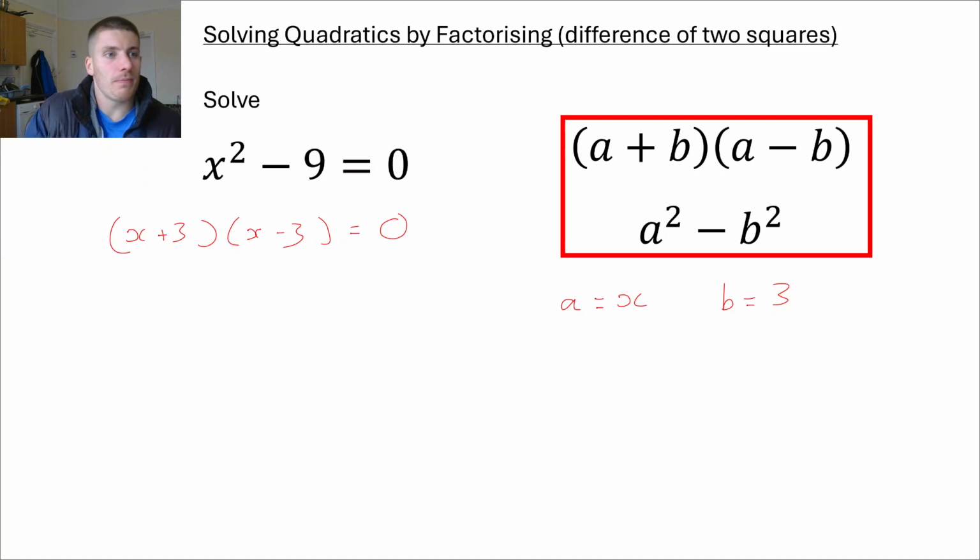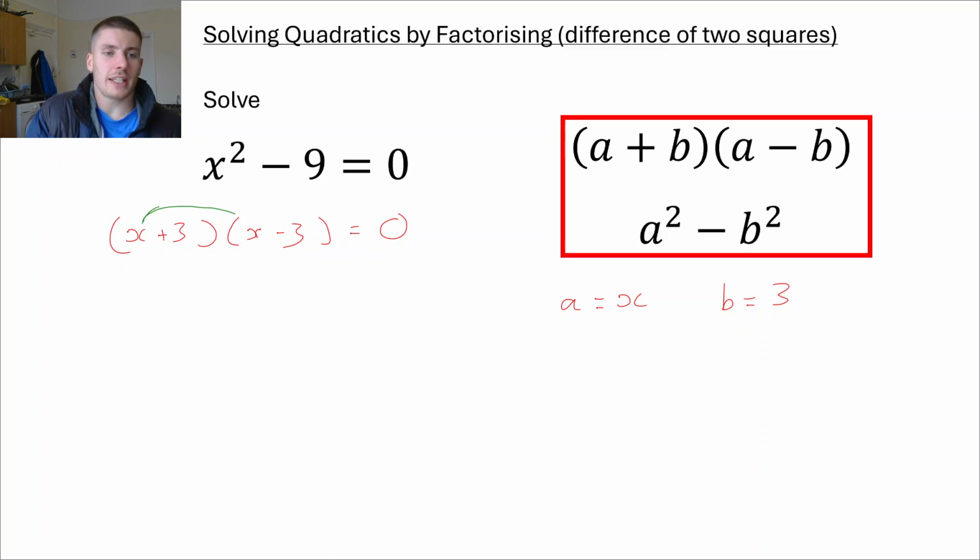To make it really clear, this part here, this x squared take away 9, means exactly the same thing as the part below, just this is now in factorized form, and this is expanded form. Okay, they mean the same thing. If you wanted to check that that is factorized correctly, you could go and expand your brackets.